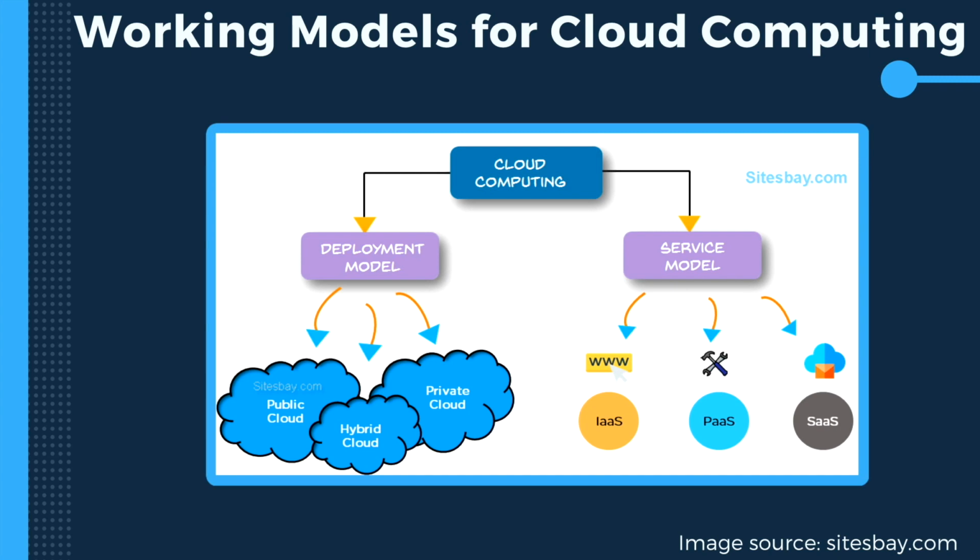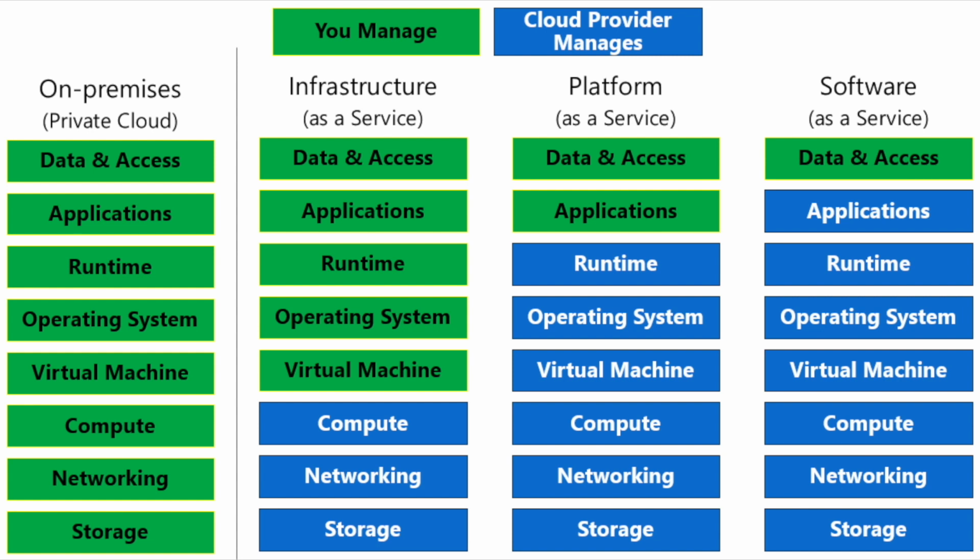Next comes the service model. As I mentioned, there are different kinds of services provided by the cloud service providers. That can be infrastructure as a service, platform as a service, and software as a service. Under infrastructure as a service, you have to maintain everything on your own.